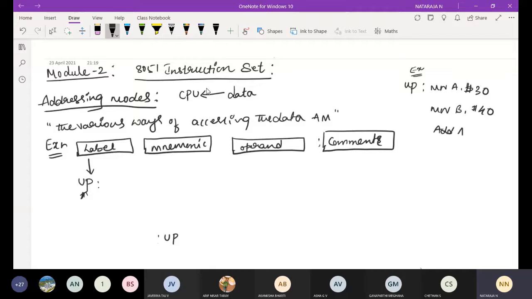ADD A, B. After adding A and B, the data will be stored in the accumulator.